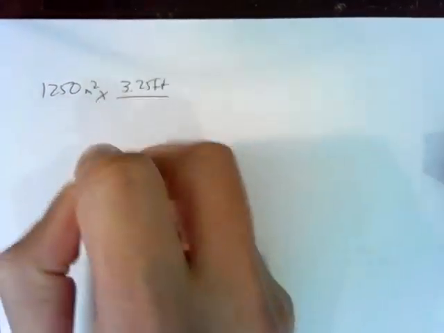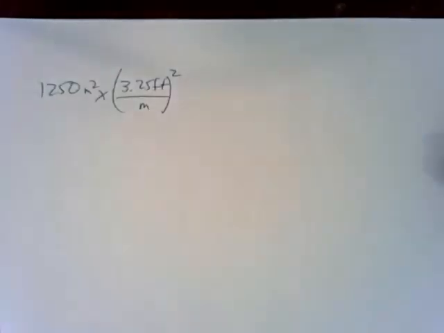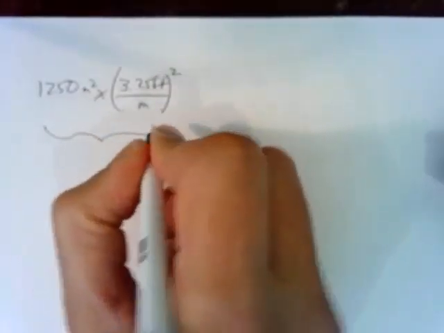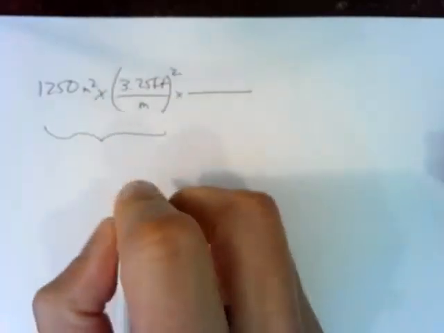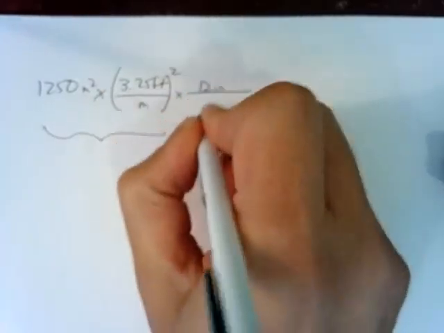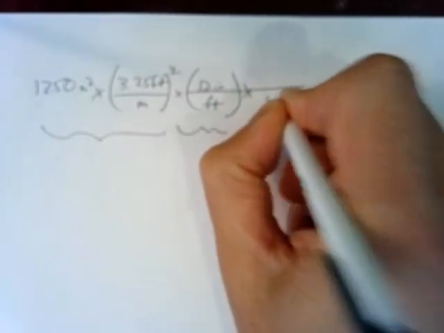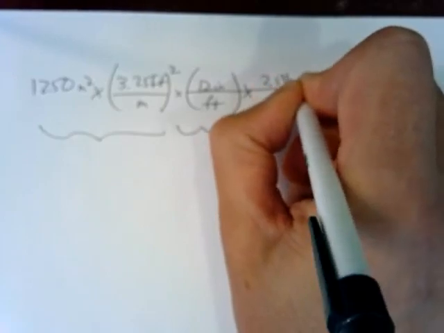So I'm going to start with that 1,250 meters squared. The first conversion we did was feet to meters or meters to feet. We multiplied those two. And then we took that number and we multiplied by 12 inches per foot. And then we took 1 inch is 2.54 centimeters, and that should have been squared as well.